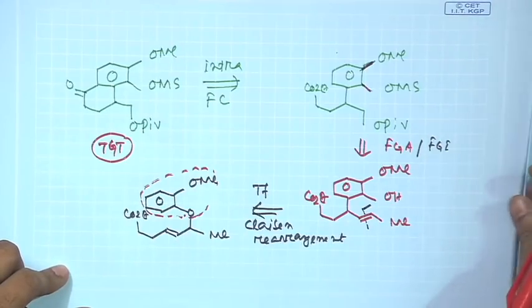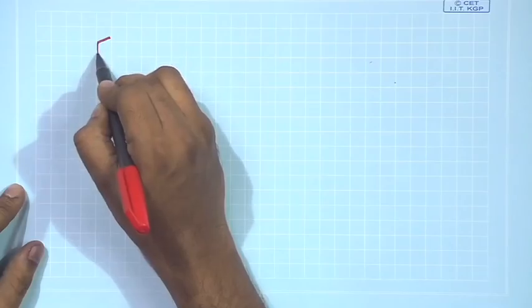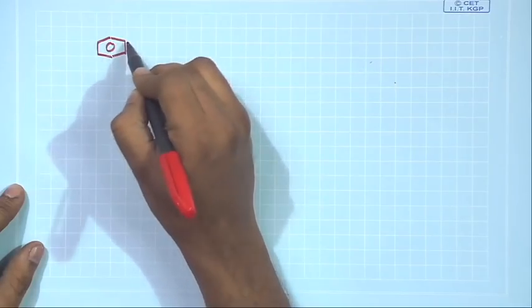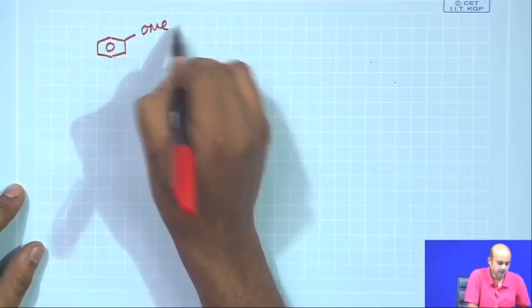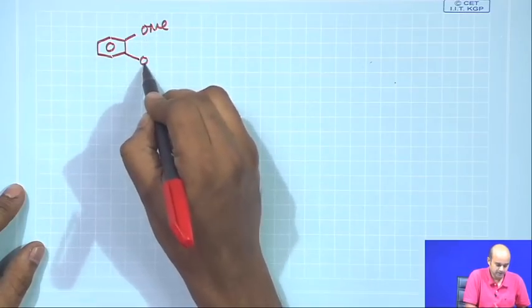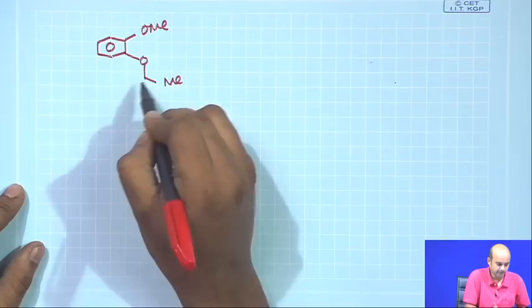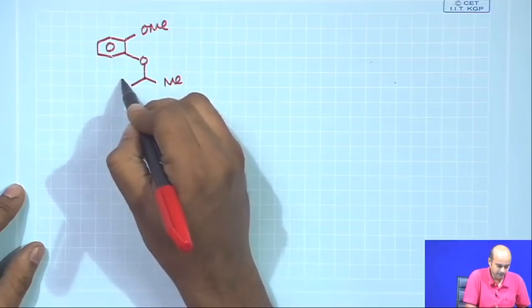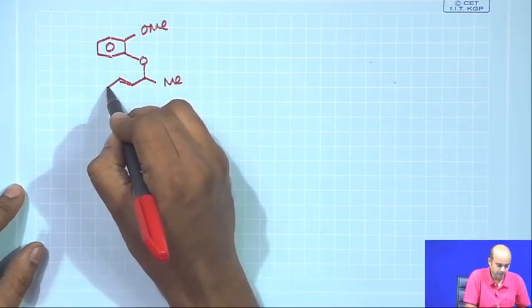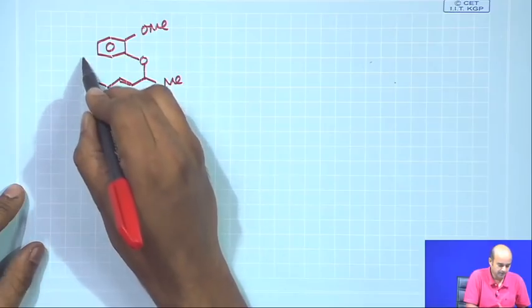We will do further retro by keeping this as your backup slide, and then you draw the same intermediate which we earlier showed you as the Claisen thing. So, this is the intermediate we need to prepare.